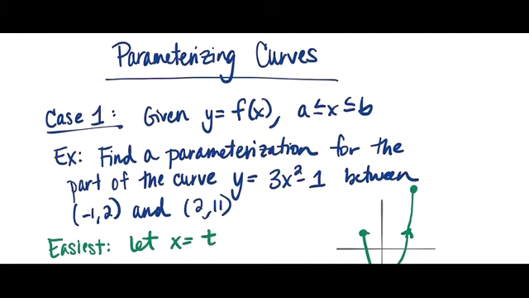So in this case, my independent variable is x, and then y is going to be, just plugging in t to here, 3t squared minus 1. And in this case, my t, since it's the same as x, is going to go from -1 to 2.